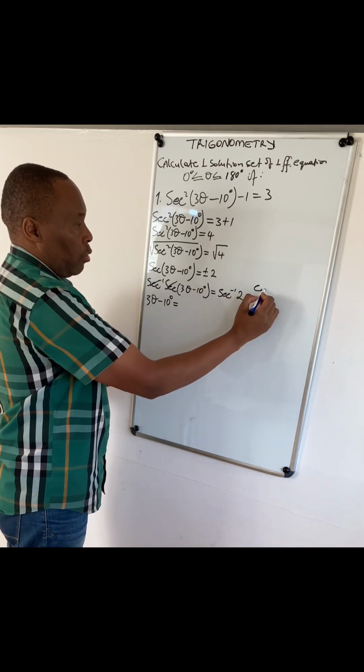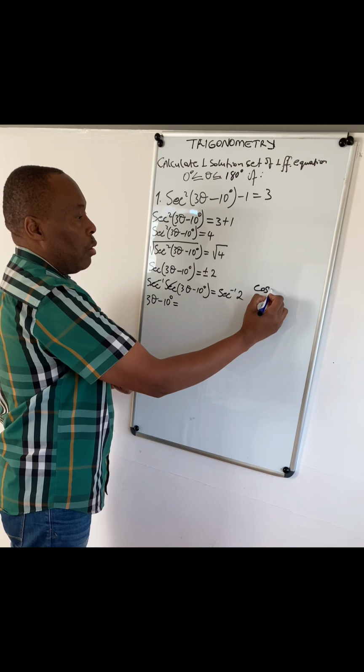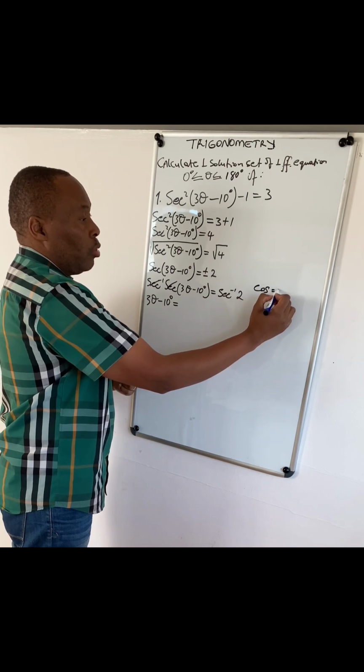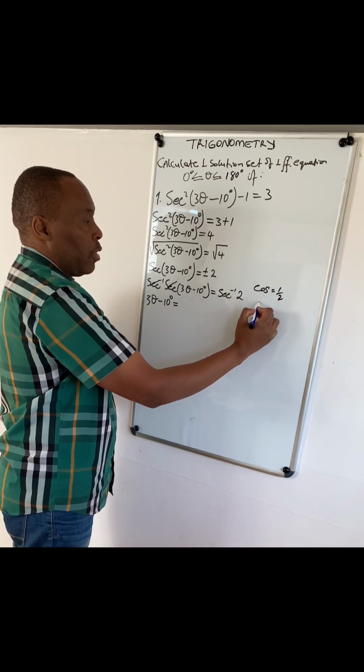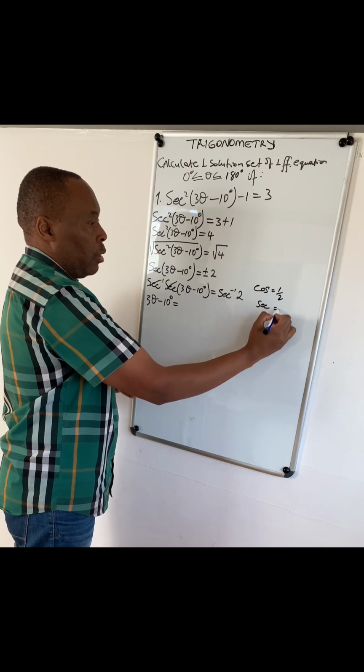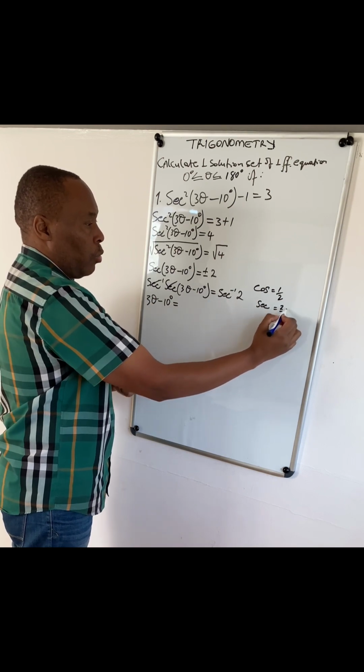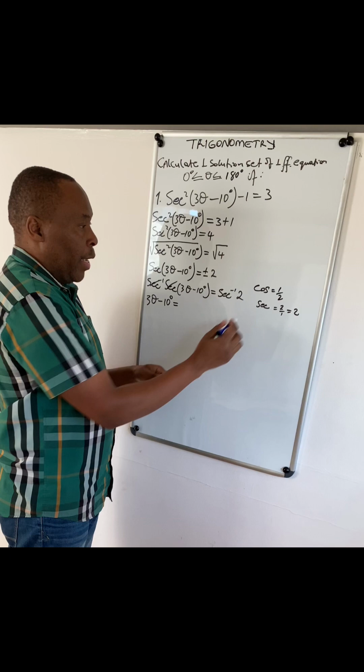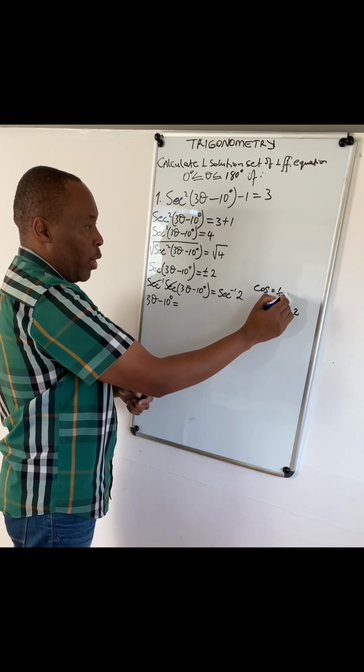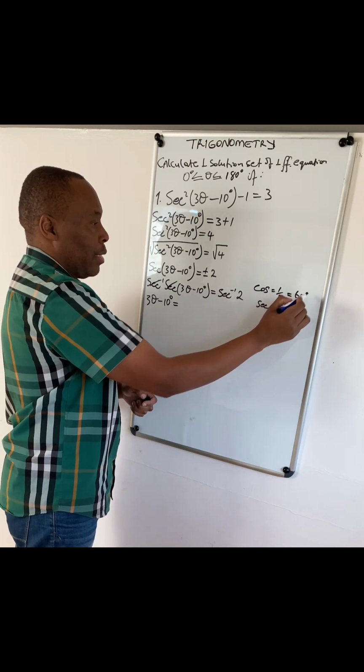Cos being equal to a half, sec will be 2 over 1, which is equal to 2. And cos here is a half at 60 degrees.